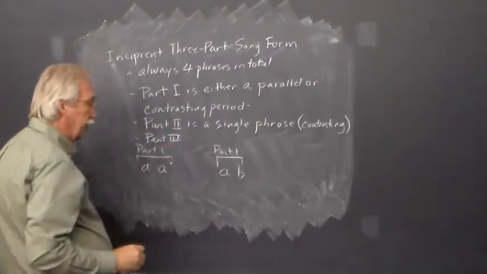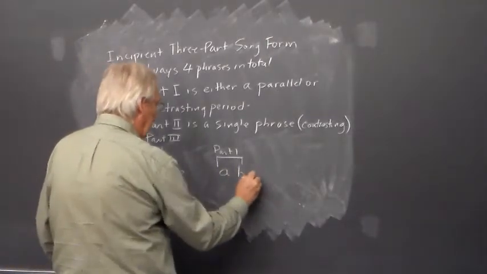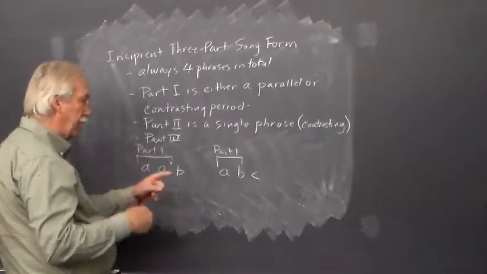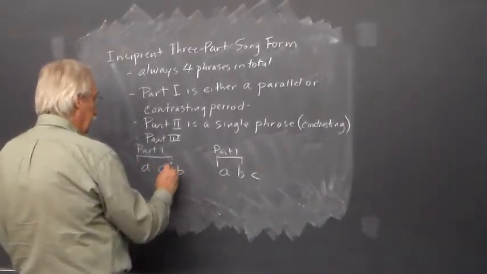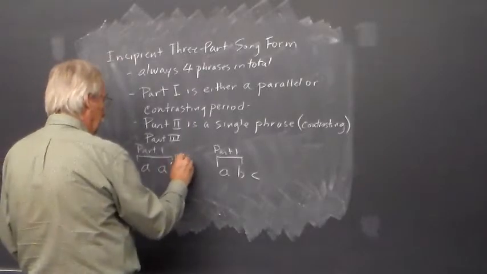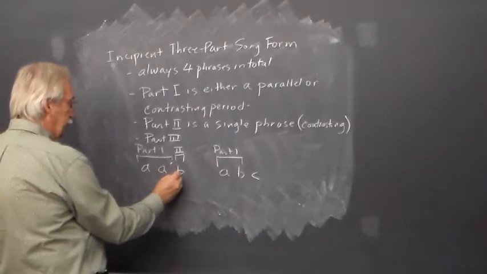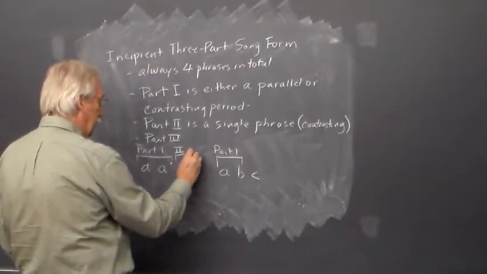And then part 3 brings back one of the phrases, only one phrase, but it brings back one of the phrases from part 1. So, in this example, part 1 is a parallel period, part 2 is contrasting, so that's just a single phrase.